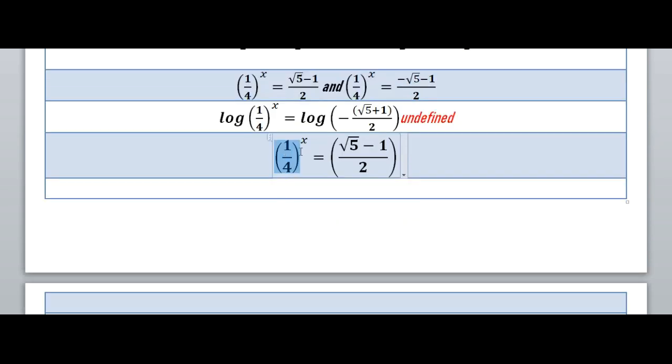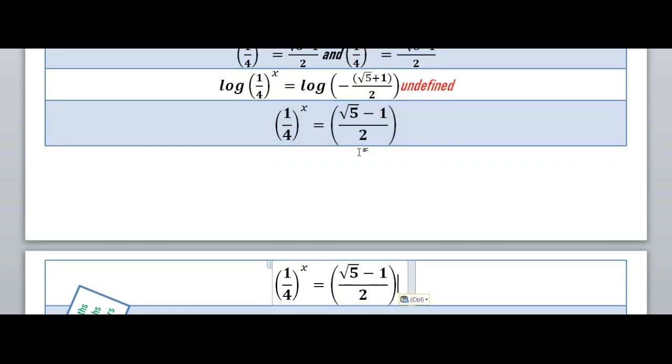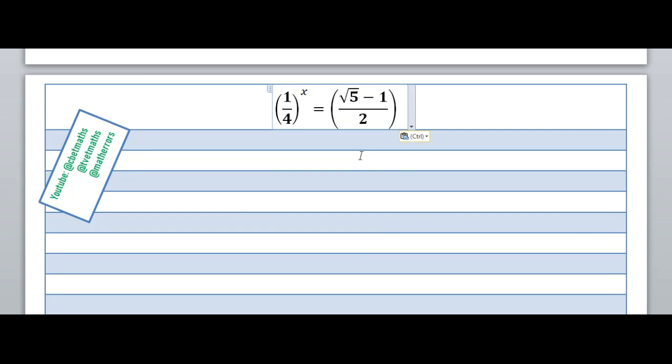So if you introduce log on both sides, we have log 1 over 4 raised to power x is equal to log root 5 minus 1 over 2.